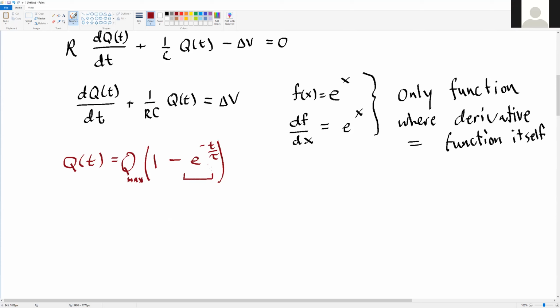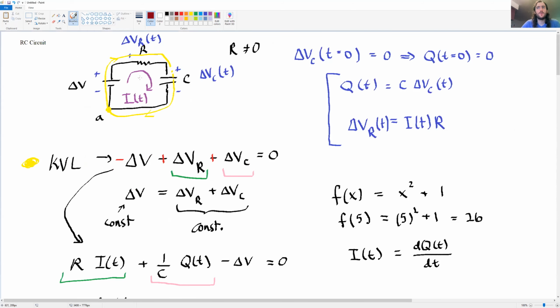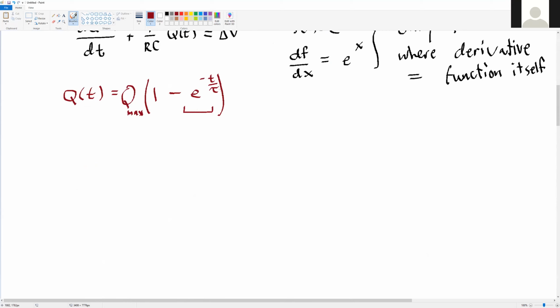And why are we looking for Q max exactly? When the capacitor is fully charged, right? After a long time, the capacitor will be fully charged. And so that would be the maximum amount of charge on the capacitor. Oh, okay. That makes sense.